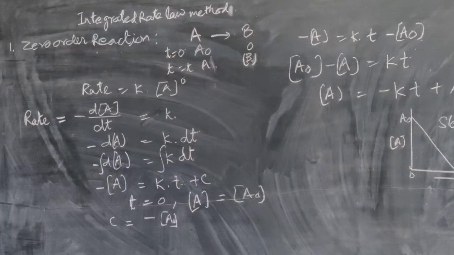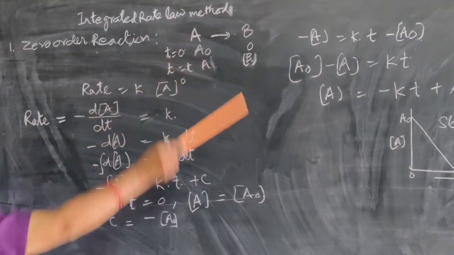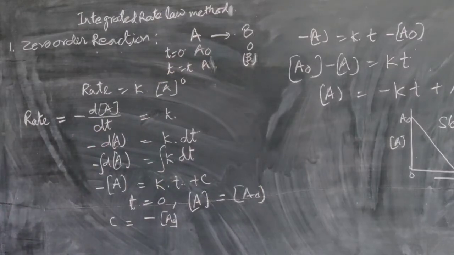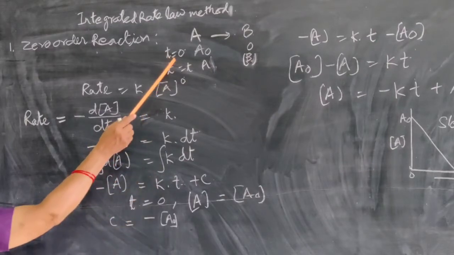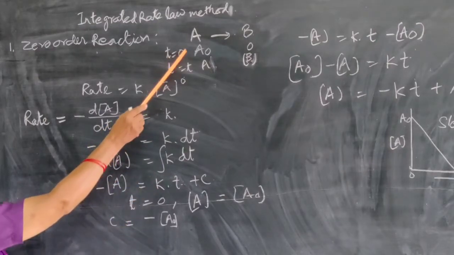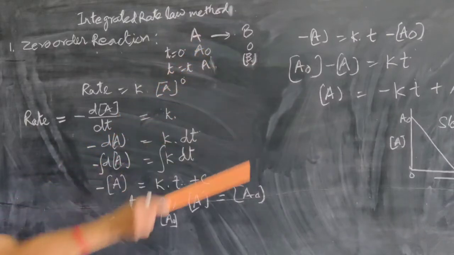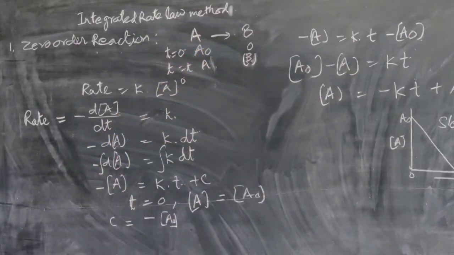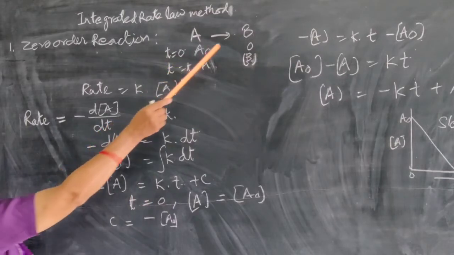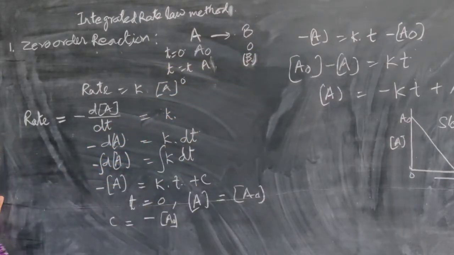reaction. For the zero order reaction, we can take one hypothetical equation, A changes to B. Here A is the reactant and B is the product. Now we can write, when t is equal to 0, the concentration of A is A0 and the concentration of B is 0, because at time 0 there is no conversion of reactant into product, the reaction has not started.